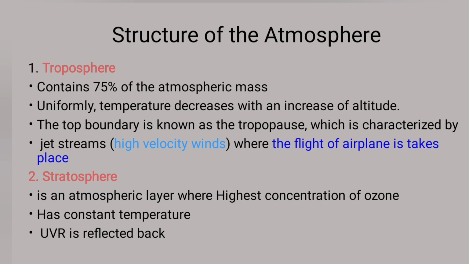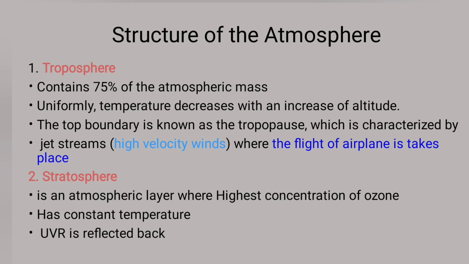The troposphere contains about 75% of the atmospheric air mass. It is known for the decrease of temperature with an increase of altitude. So, temperature decreases uniformly with an increase of altitude in the troposphere.